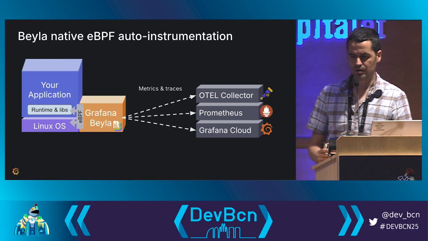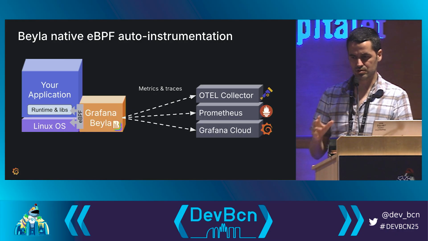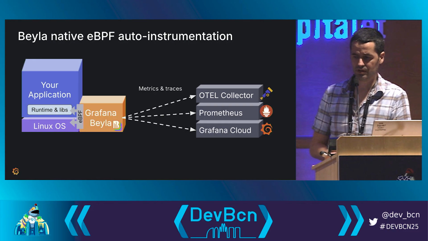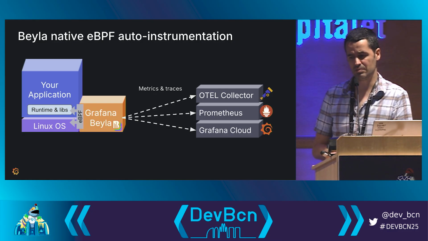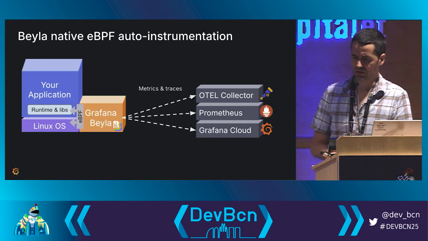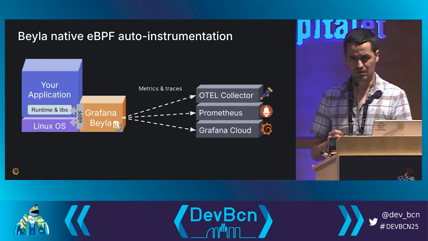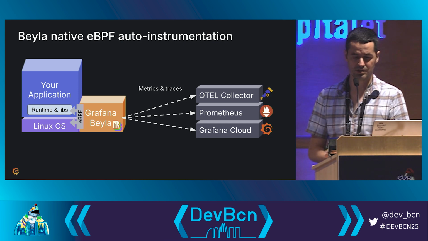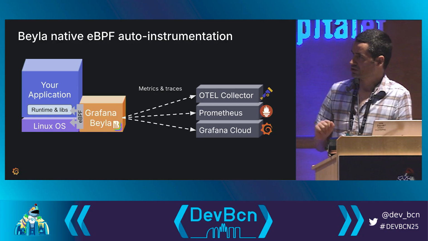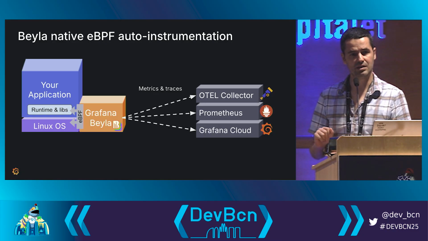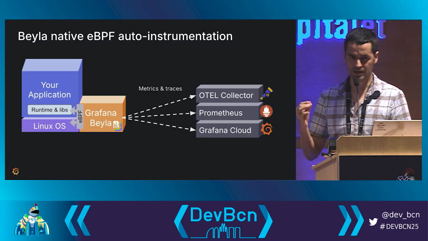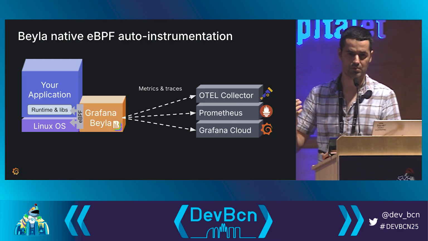So here is where it comes Grafana Beyla with the approach of native eBPF auto-instrumentation. We'll enter in detail later about what this eBPF is, but basically you deploy Grafana Beyla into your system as a regular operating system process, and this uses a technology named eBPF that allows you to inspect your application at different layers, from the Linux kernel to the runtime and libraries.